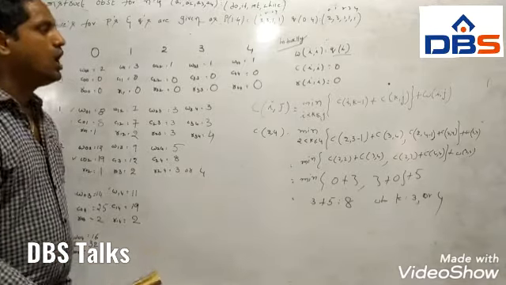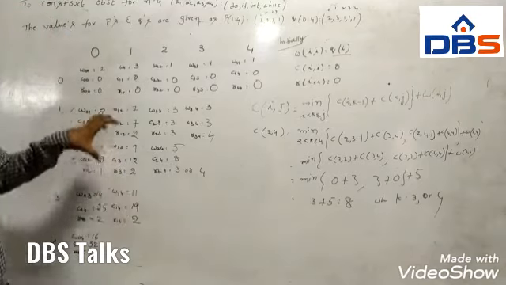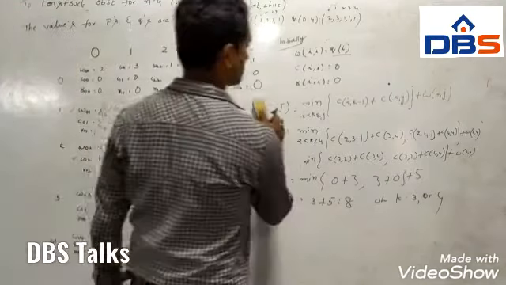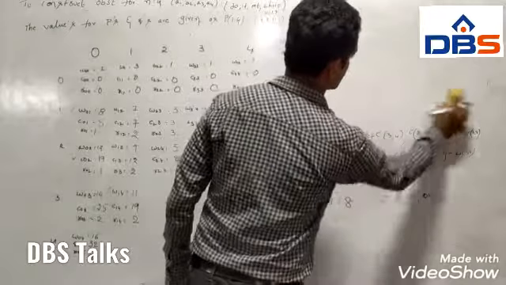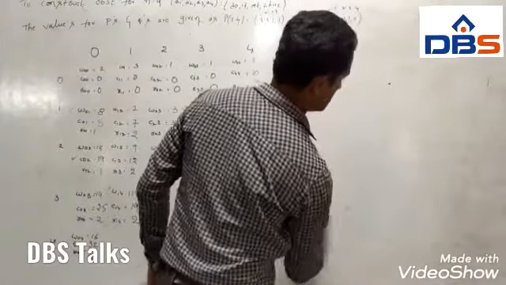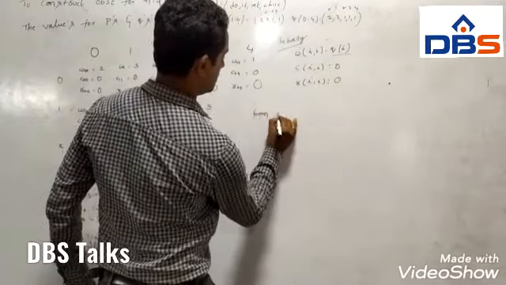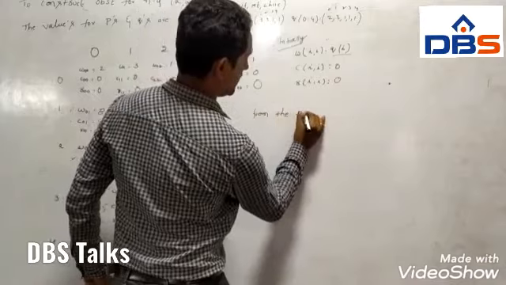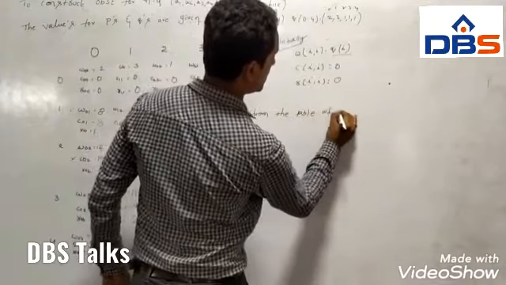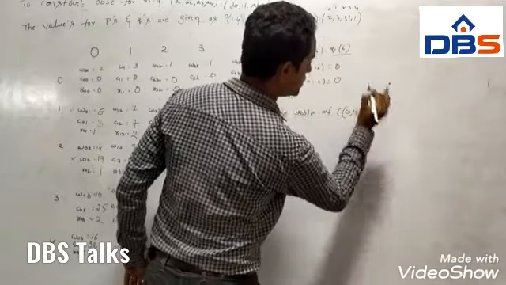Okay. So now, how to construct a particular binary tree using these values? See. From the table, C of 0, 4 equal to 32.